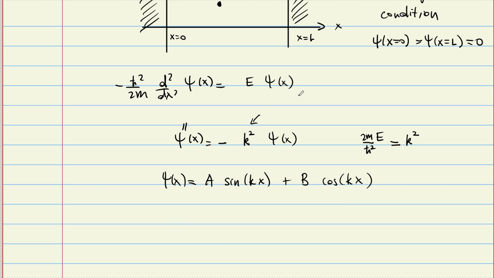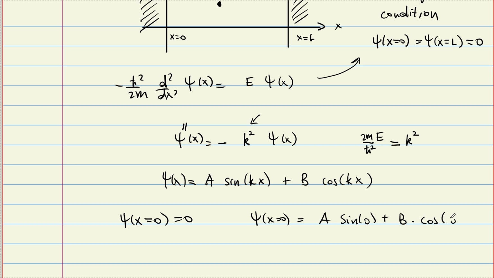But like I said, we are trying to solve a differential equation with the boundary condition. Right? We are not done yet. To put the boundary condition, I need psi of x equal to 0 at x equals 0. I have a times sine 0 plus b times cosine 0.